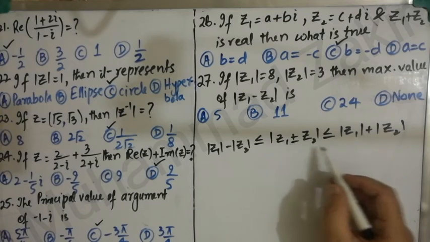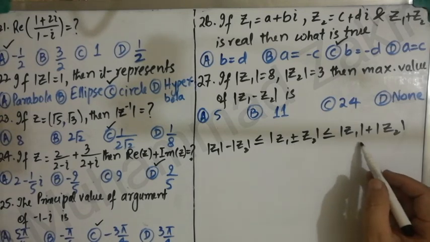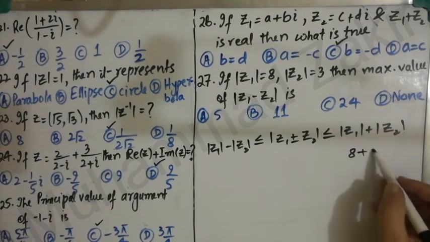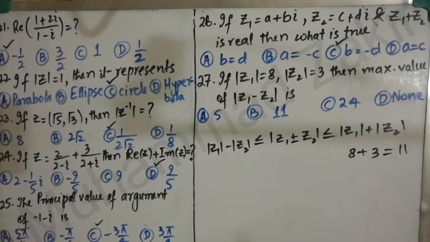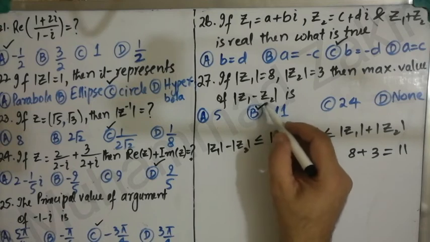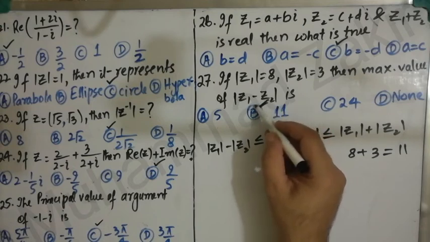This time we have negative, and its maximum value we require, so we have to add these two moduli. z1 modulus is 8, z2 modulus is 3. They will make the sum 11. So 11 is the correct answer, B. B is the correct answer.